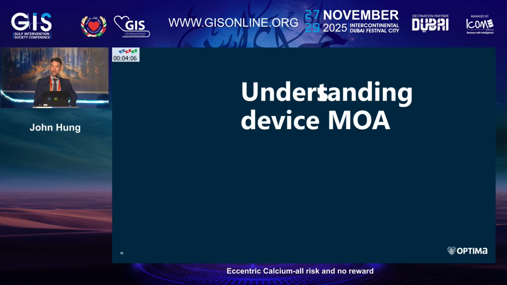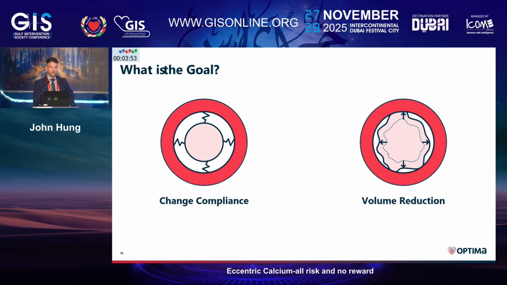So what can we do about it is the next question. I think it's important next to understand the devices that we have at hand and what your options are in the cath lab to modify eccentric calcium once you've identified it. And ultimately, there are only really two things we can do. We can either change the compliance of the calcium, or we can reduce its volume.